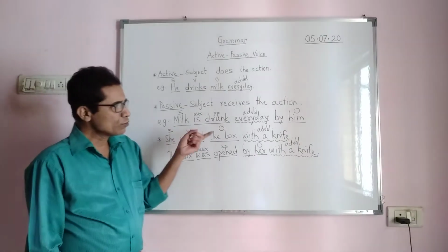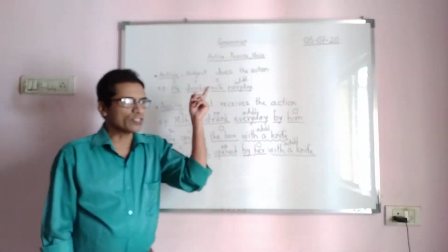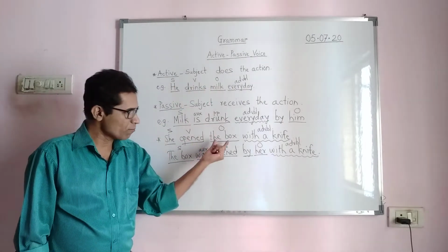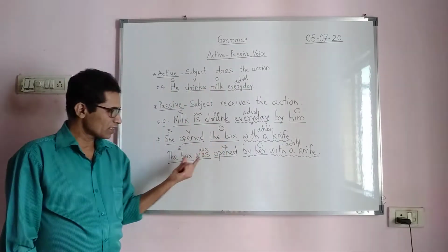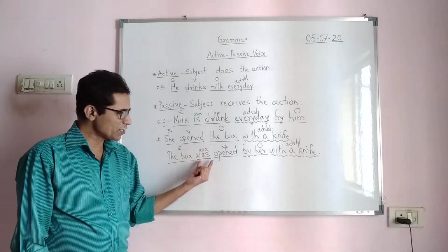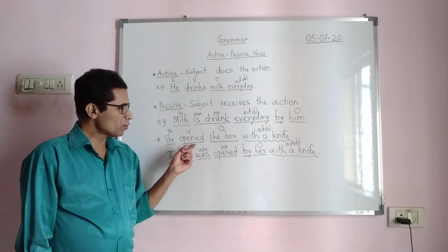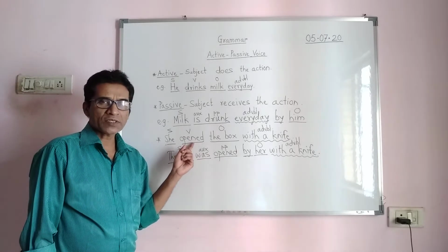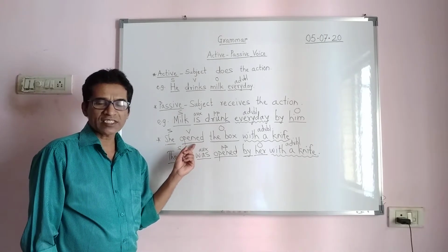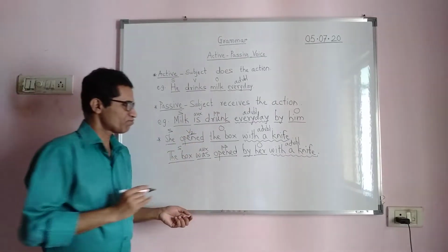And when you want to change it into passive, again you can do the same thing. Take the object first, the box, and then the auxiliary suitable to it. Give attention to this verb. This is simple past tense, or the second form of the verb.